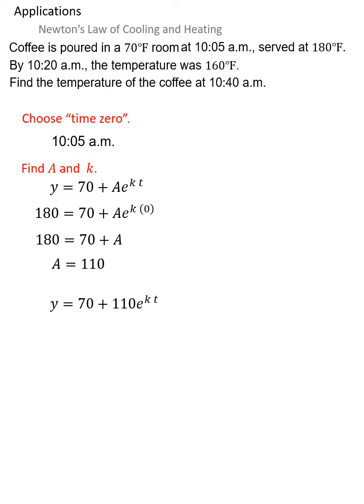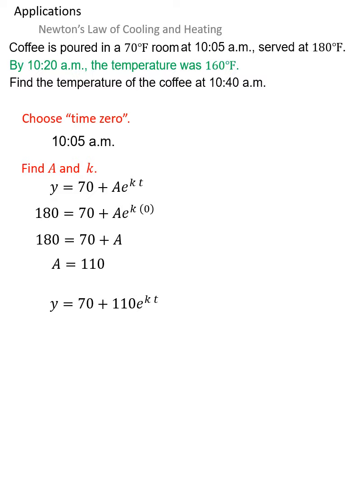So continuing in the process of finding k, as we always have, we need to find some other data point to plug in for y and t. We know, additionally, that by 10:20 a.m., the coffee temperature had reduced to 160 degrees.